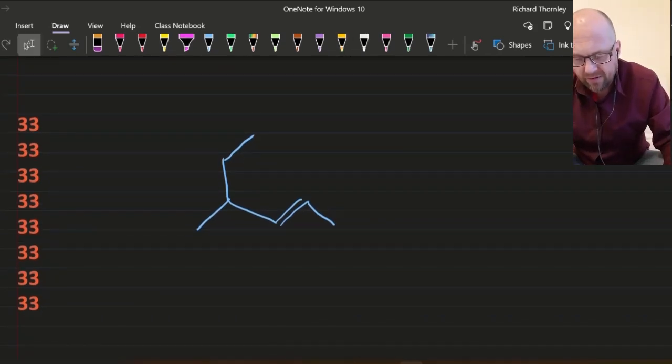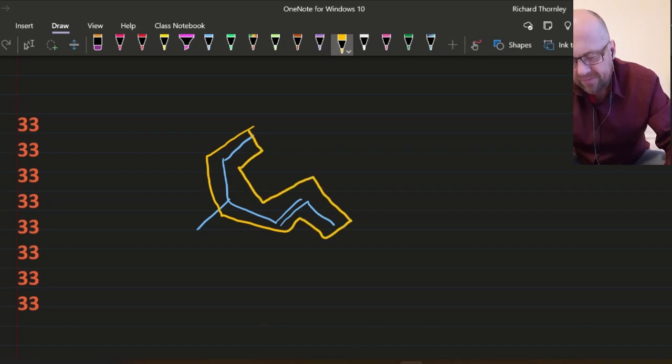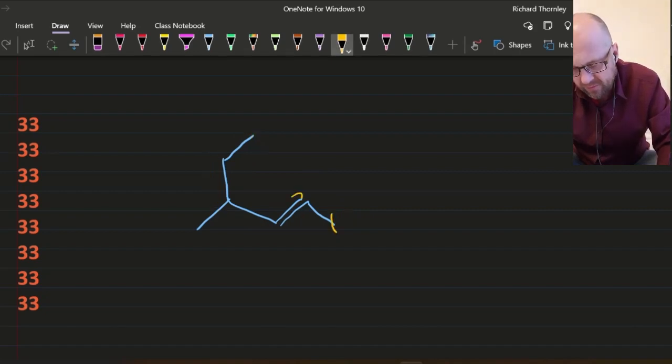33, what's the name of this compound? So first of all, find the longest chain. The longest chain looks like this one here. And you've got to try to get the alkene to have the lowest number. So that means I'm going to have 1, 2, 3, 4, 5, 6. So it's going to be hexene.